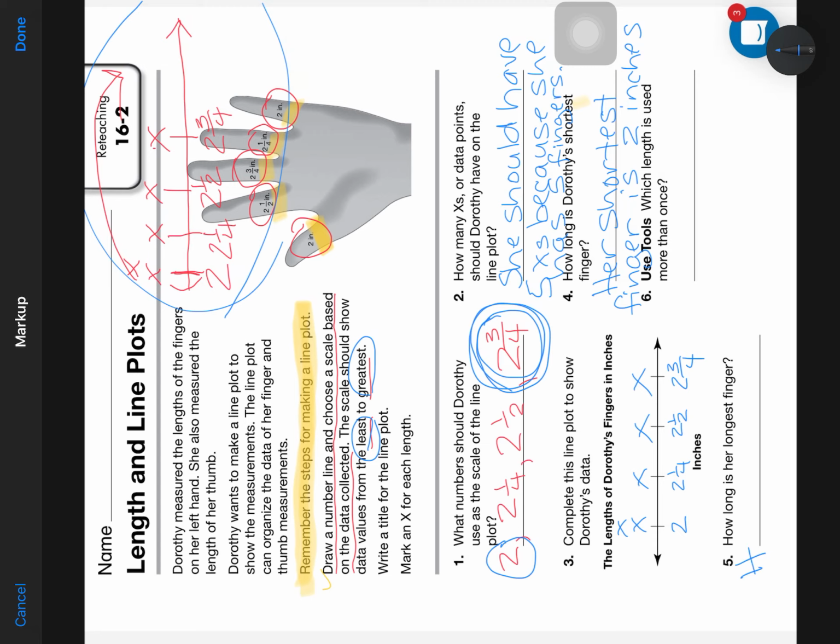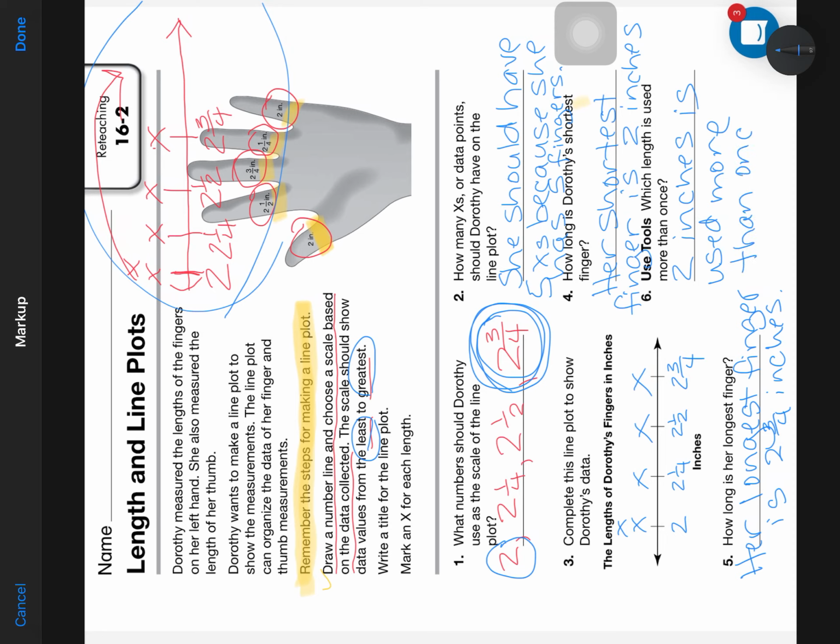Her longest finger is 2 3/4 inches, okay? And then which length is used more than once? 2 inches is used more than once because her thumb is 2 inches and her pinky finger is 2 inches.